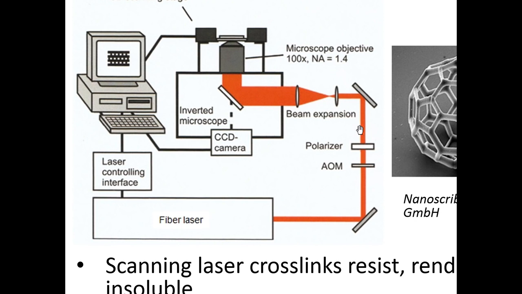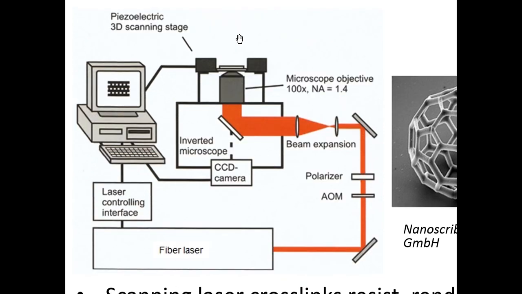These are just some optics. This is an optical modulator to turn the laser on and off. Some more optics to focus the laser and so on. And ultimately it goes into this microscope objective where that laser is being focused down to a very tiny spot. The spot is remaining in the same place. The sample is mounted on a three-dimensional piezoelectric stage. So the sample is moving around, but the laser spot is staying in the same place.